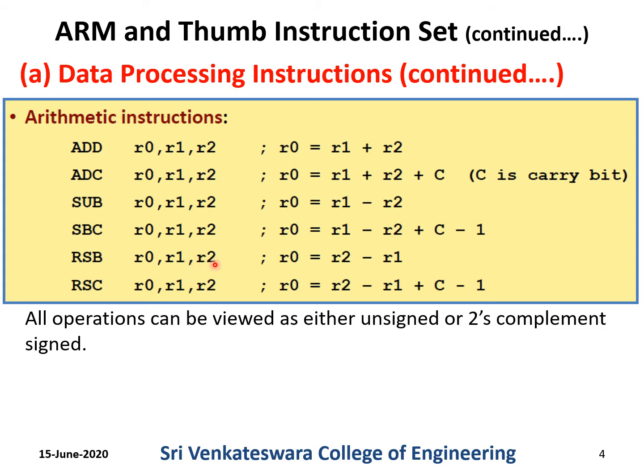Usually here the third operand, or the second source operand R2, can be altered by multiplying it with some constant value, or shifting it using the barrel shifter, and then from that manipulated data a constant value residing in R1 can be subtracted.